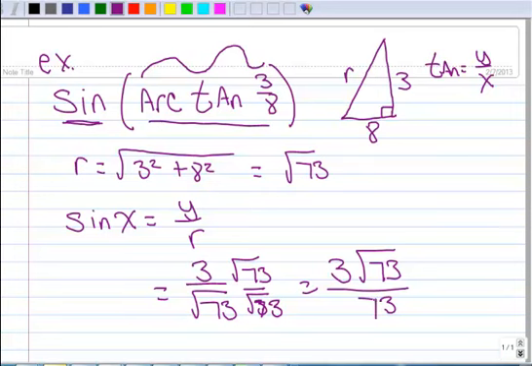So there's an example of doing compound inverse problems here, using trig ratios.